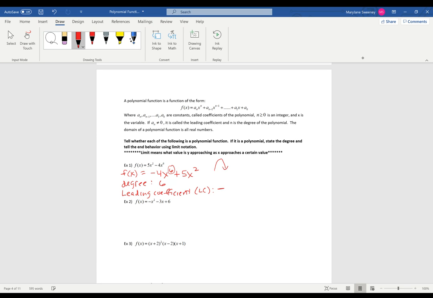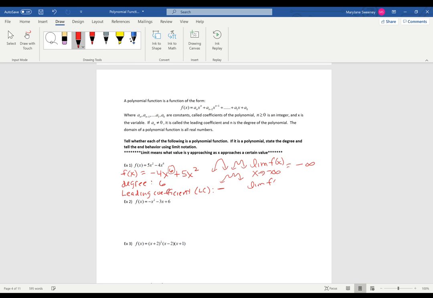That means I know the ends are down. It could be more wiggly than that, could hit the x-axis up to 6 times, but I don't care about that. All I care about is end behavior, so I want to know that the ends are down. So when I do the limit of f of x as x approaches negative infinity, if the ends are down, then the y is approaching negative infinity.